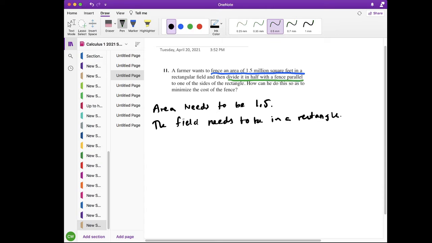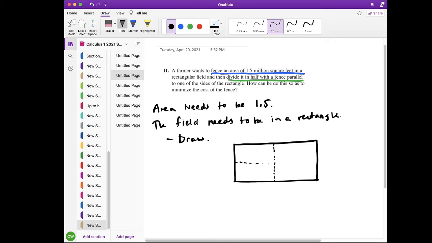So we draw this. We have a rectangle. And if we have to divide it in half with the fence parallel to one of the sides, there's two ways you can do it, and they're both equal. To divide it this way, or to divide it this way.